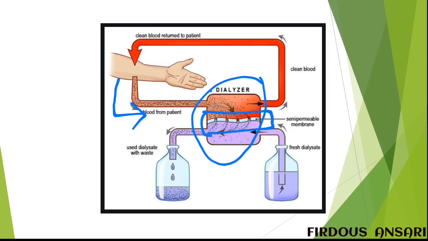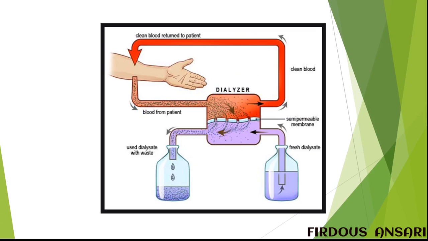Suppose this is one tube where the blood is passing, and this purple color is your dialysis fluid, and this red color is the blood.